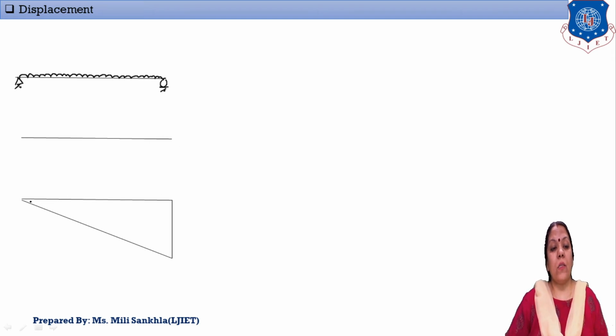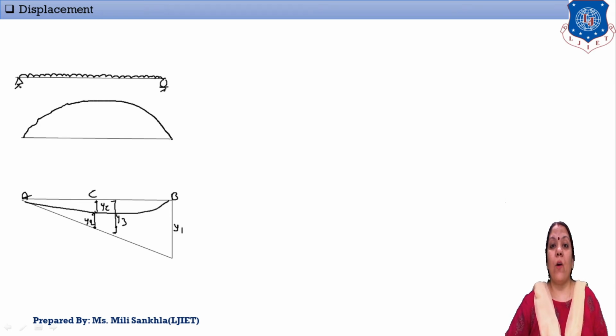This is our deflected shape, this point is YC, this point is Y2, and the summation of these two values is equal to Y3. This one is Y1, with points A, C, B, and the outward parabola diagram with height WL square by 8 EI.